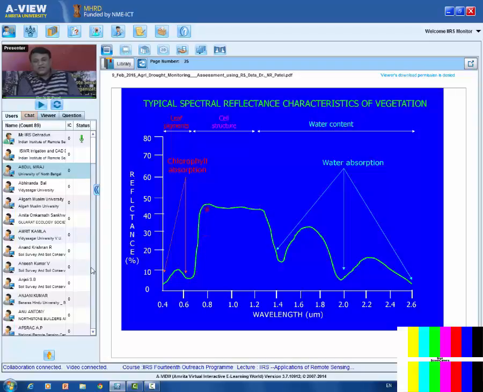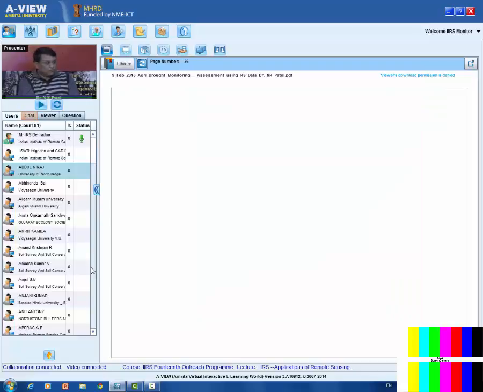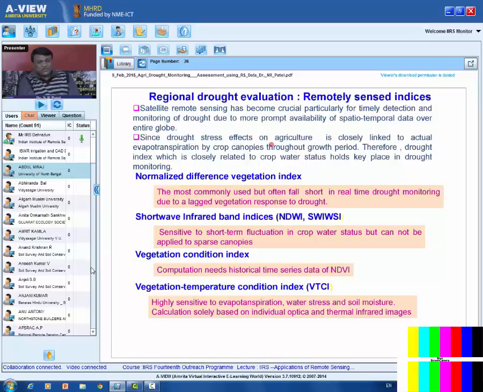But suddenly there is a rise in reflectance in the NIR region because of healthy cell wall interface scattering. So for a healthy crop, more scattering is there. Then there are three water absorption bands. If there is high water content in the leaf, a greater magnitude of SWIR wavelength is absorbed. Based on these visible, NIR and SWIR wavelengths, different kinds of indices can be generated as an indicator of drought.